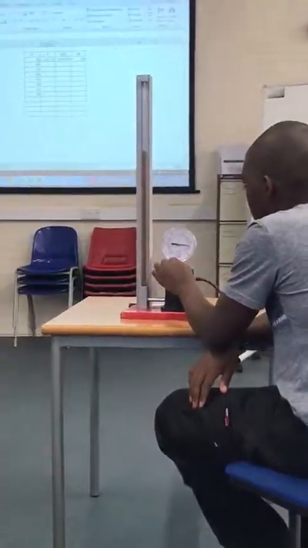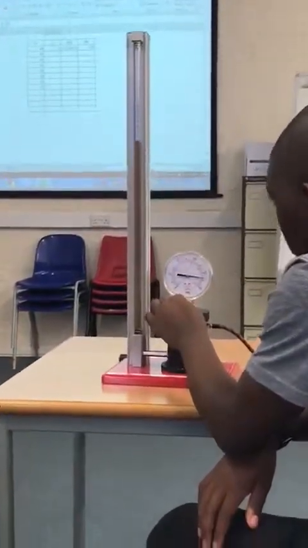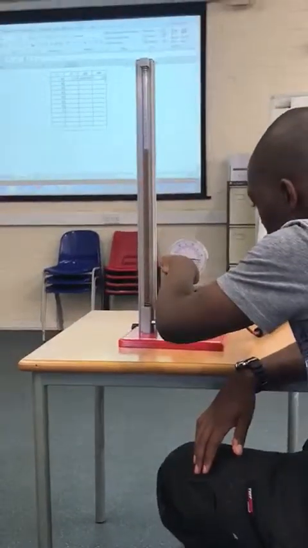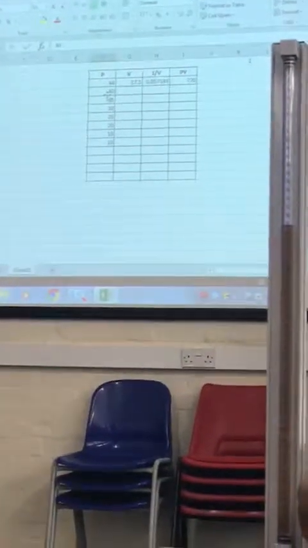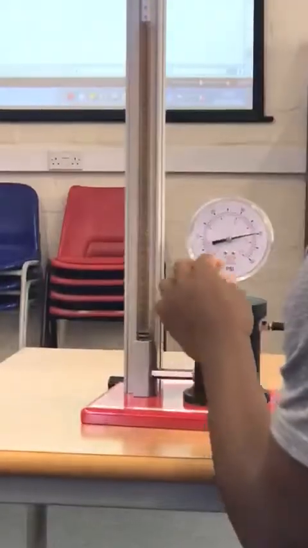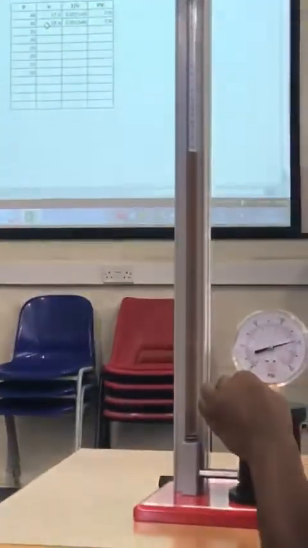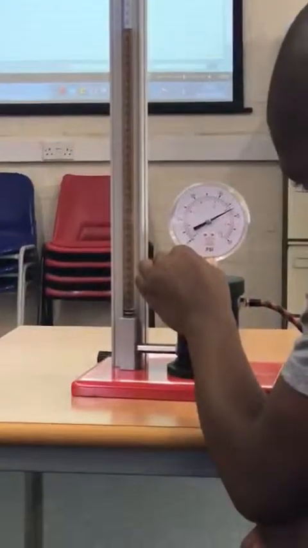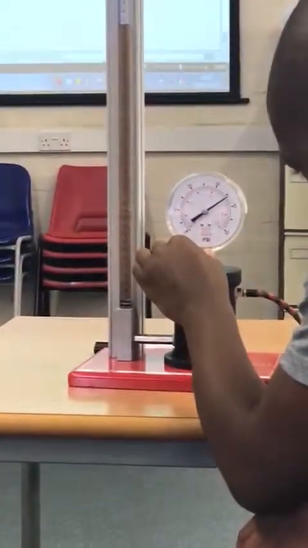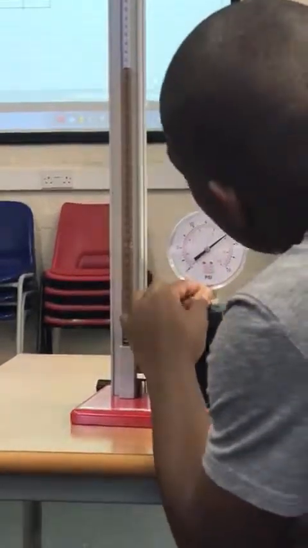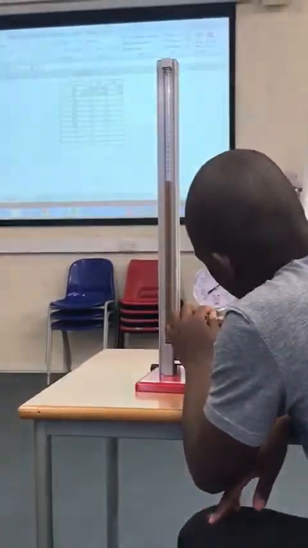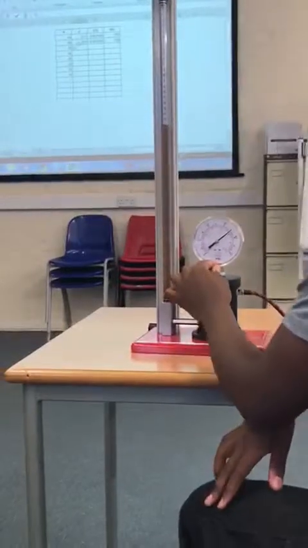Okay, take it to the next, maybe 40. 19.4. So 40 psi is 19.4. And then 35 psi: 21.9.